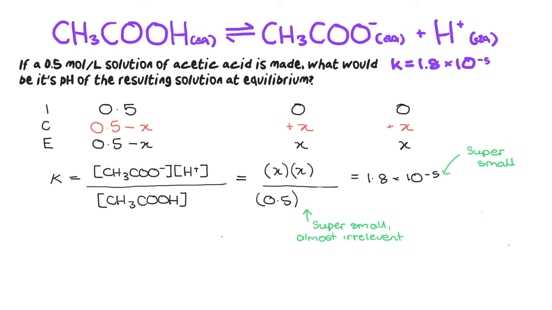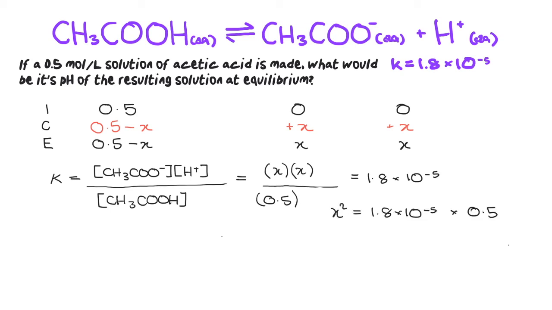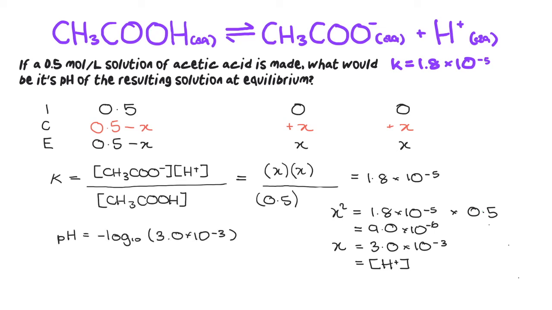This won't change your mass too much. So by forgetting the change of X, we can recalculate the expression like so, which leads to this. So the hydrogen ion concentration is 3 times 10 to the negative 3. Therefore, pH equals the negative log of this, which is 2.5.